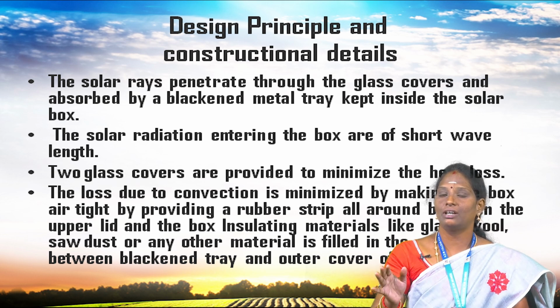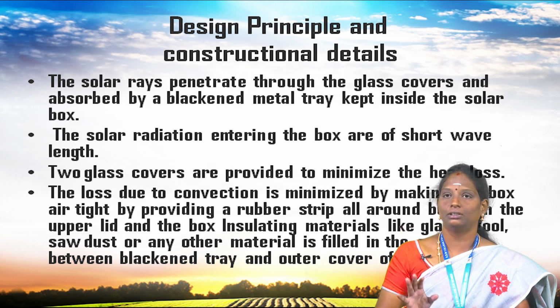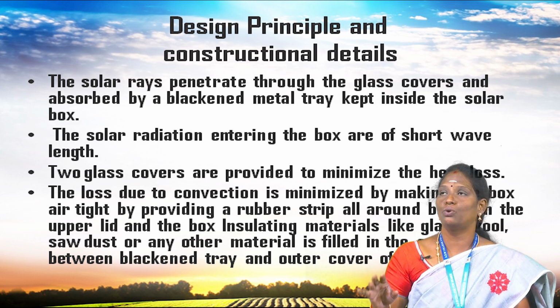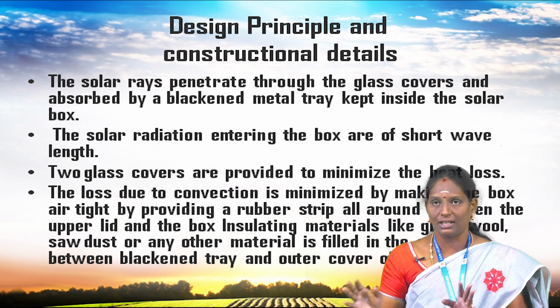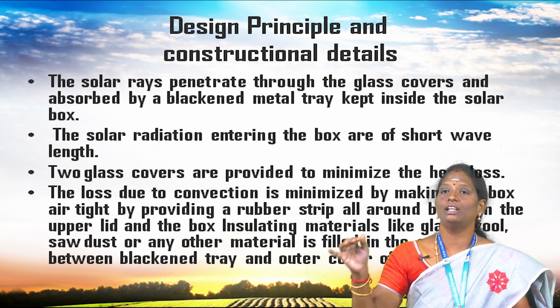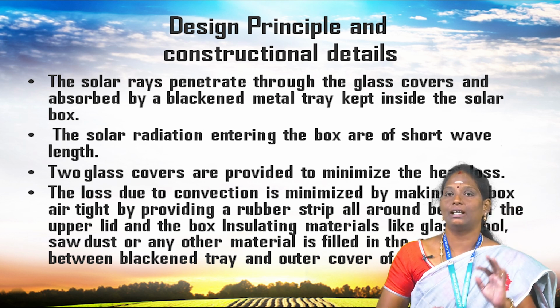When the reflector is adjusted to shine into the cooker box, the temperature achieved is 115 to 125 degrees centigrade. Addition of the reflector is useful in cooking earlier, particularly in winter.